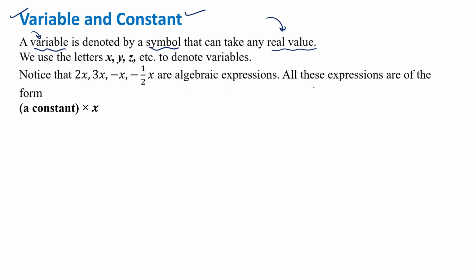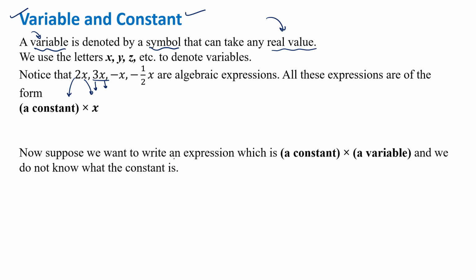All these expressions are of the form of a constant multiplied by a variable. In all these expressions, you can see there is a constant value and there is a variable. For example, in 2x, 2 is a constant, it's a number, and x is a variable. In 3x, 3 is a constant, x is a variable, and so on.